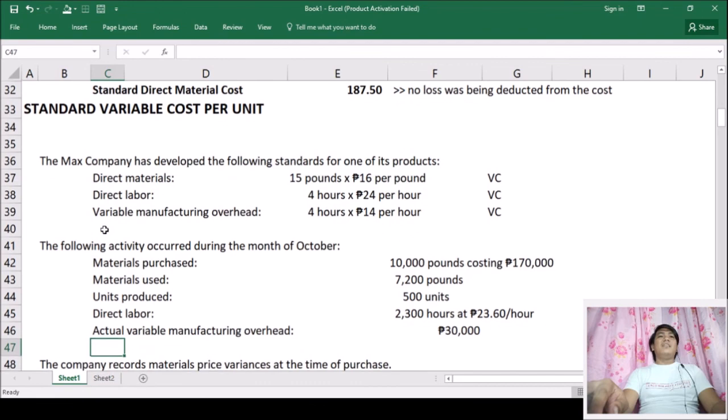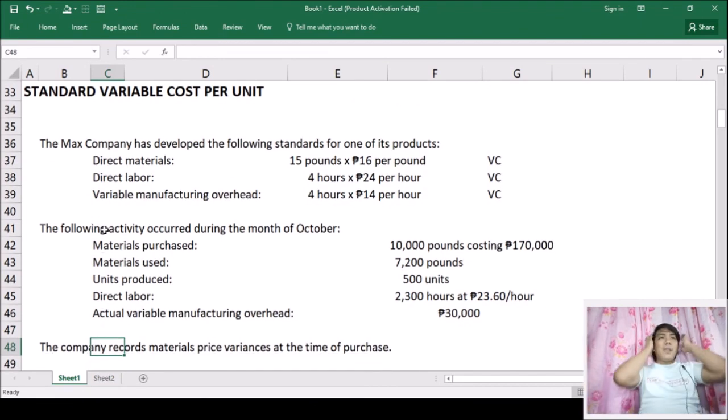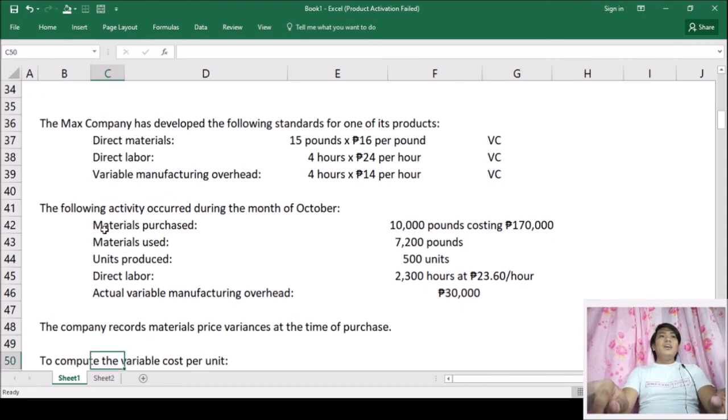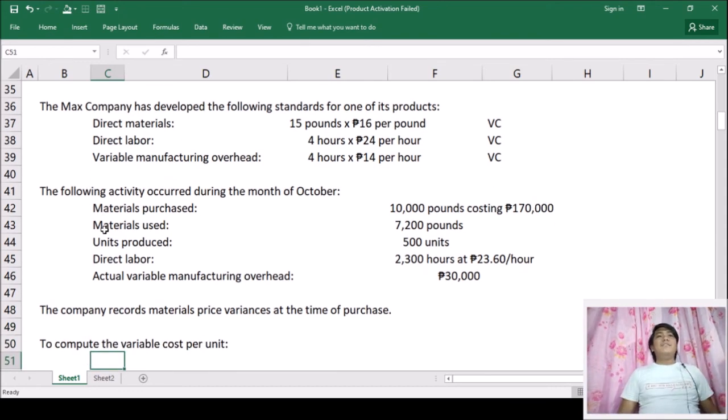How about the standard variable cost? The second item that I have prepared is the determination of the standard variable cost per unit. The Max company has developed the following standards for one of its products. Direct materials, 15 pounds at 16 per pound, which is a variable cost. The direct labor, 4 hours at 24 per hour, which is also a variable cost.